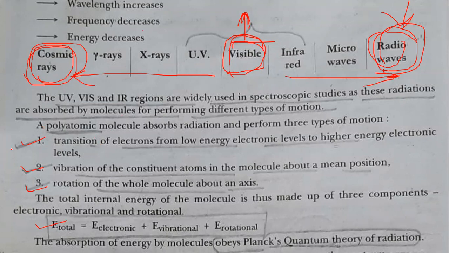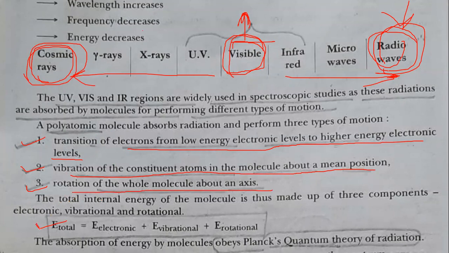Now, what things happen when any electromagnetic radiation falls upon a molecule or atom? The transition of an electron from a lower energy electronic level to a higher energy electronic level. This is one thing. Then vibration of constituent atoms in a molecule about the mean position, and rotation of the whole molecule about an axis.